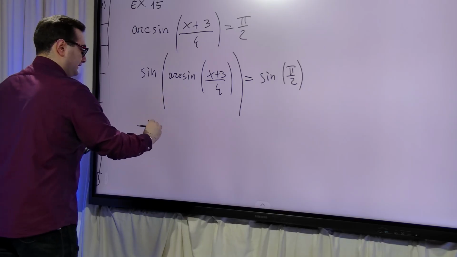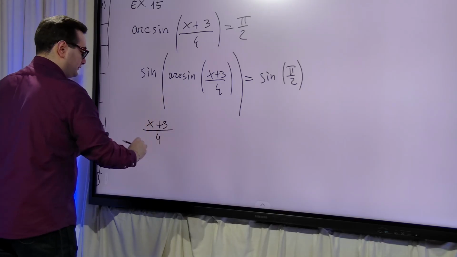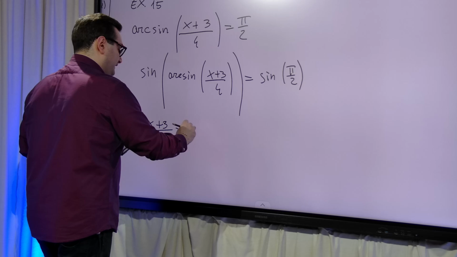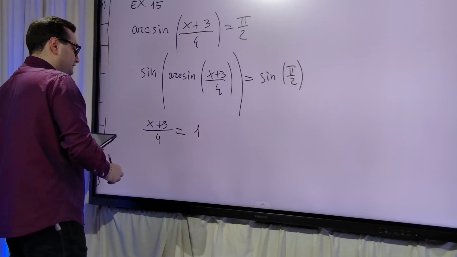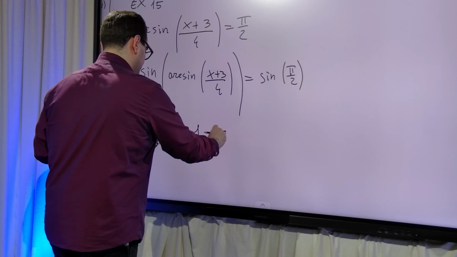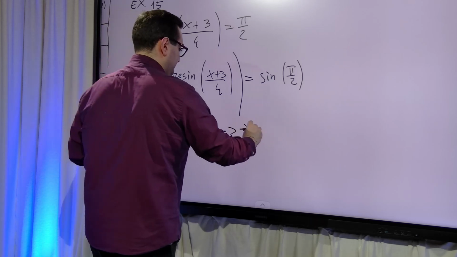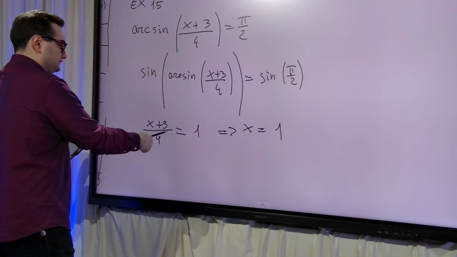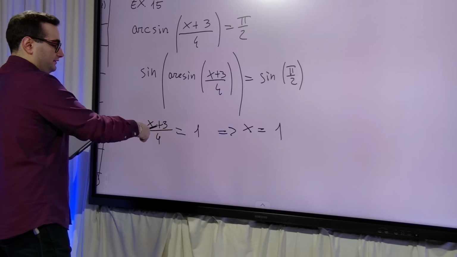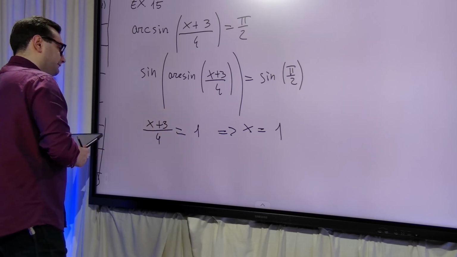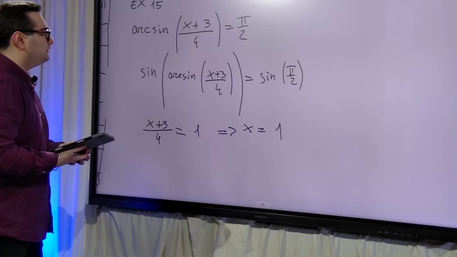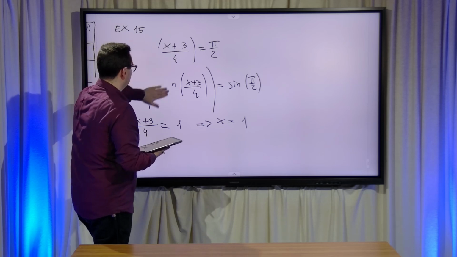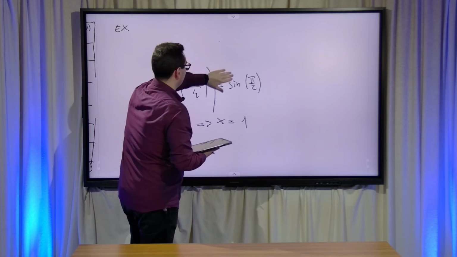Here I get x plus 3 over 4, and the sine of pi over 2 is very simple, and I write it here. So I can get that x is equal to 1, because I multiply by 4 here, and I subtract 3. Let's do another one.